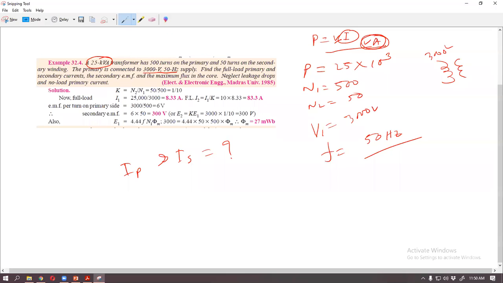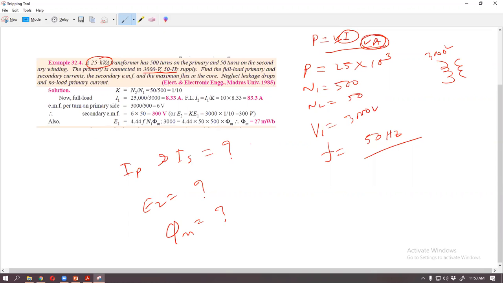And second part, the secondary EMF, so E2 is equal to what? And the maximum flux in the core, so phi m is equal to, neglect the leakage drop and no load primary current. Okay, this is the neglect.